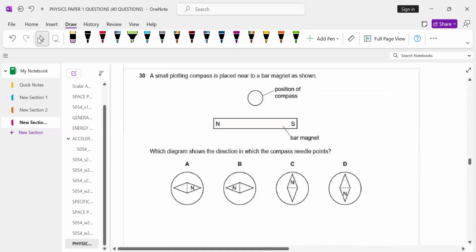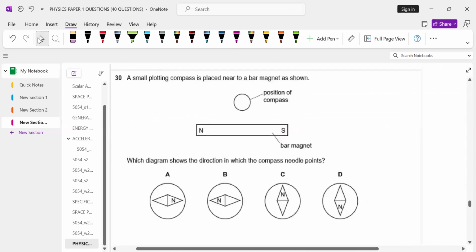Question number 6. A small plotting compass is placed near two bar magnets shown. The diagram is given. Position of the compass. Which diagram shows the direction in which the compass needle points? Okay, now you need to identify the direction where the compass needle points.